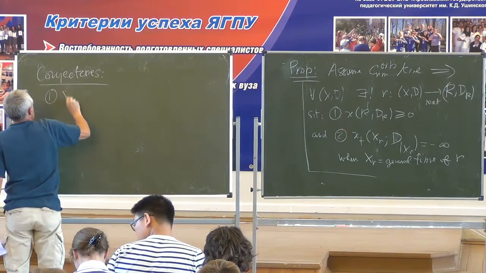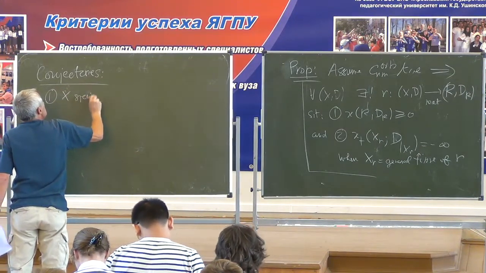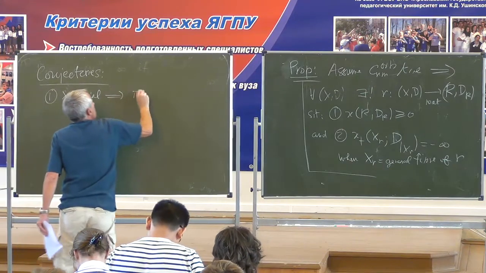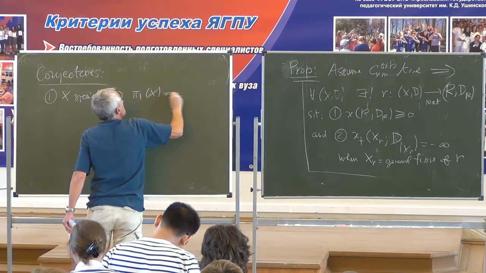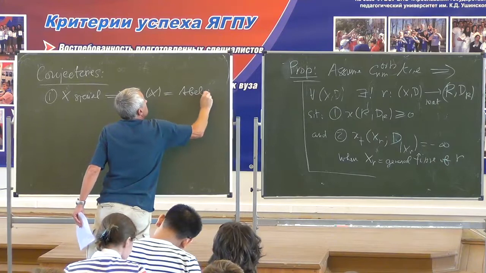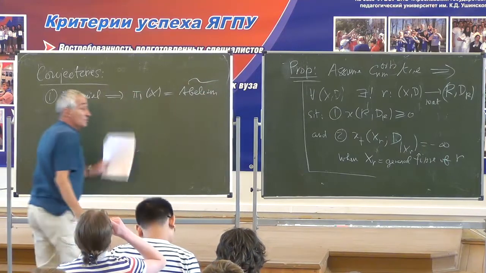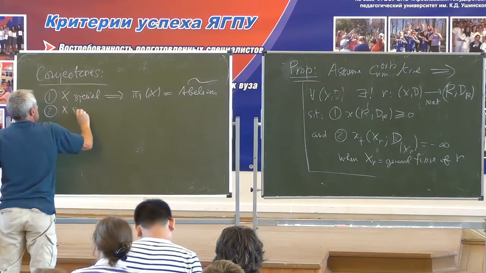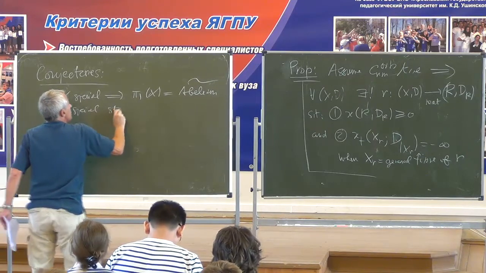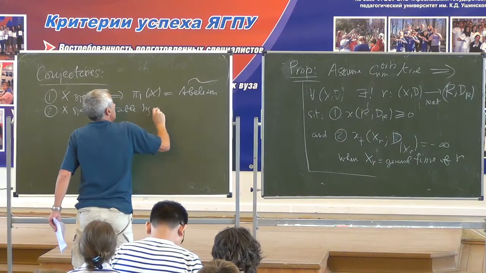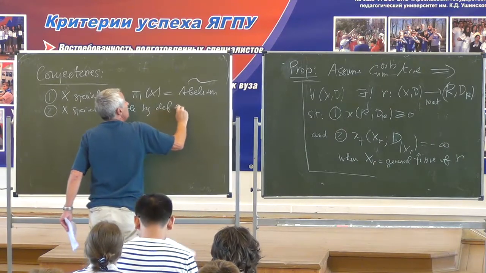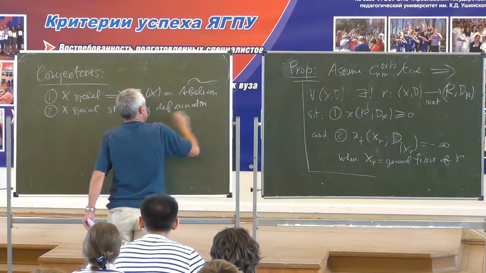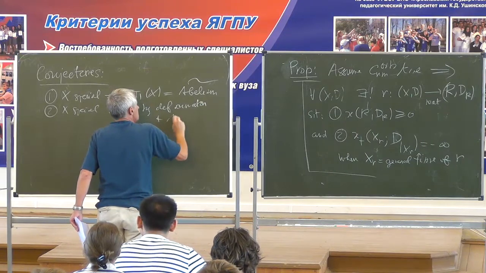First, X special implies that pi 1 of X is almost abelian. Almost abelian. Second, X special is stable by deformation, plus specialization.